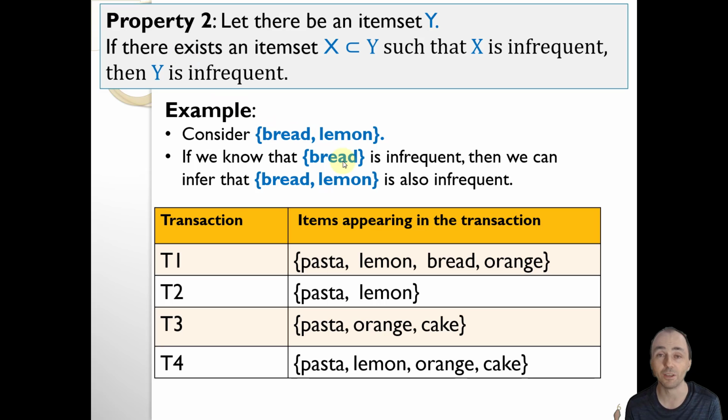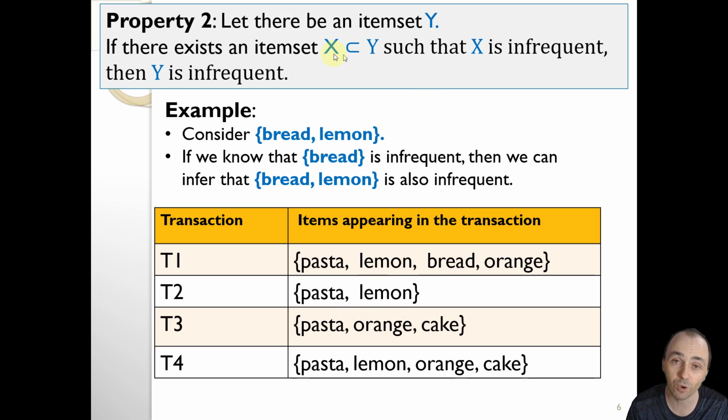So what does it mean? Okay, in a simple way. We know that bread is infrequent in our example because bread appears only one time, okay? But in my example, I set the minimum support to 2. I want to find the sets of items that appear at least twice.